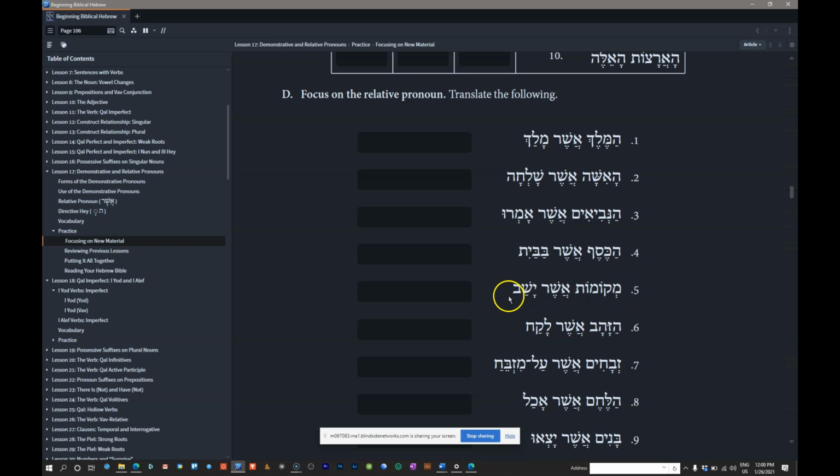So this would literally be the places which he dwelt, but we would probably say this as the places where he dwelt. All right, so that's not a literal translation because we're shifting a pronoun to an adverb. But I think that's a better way to say it in English rather than the places which he dwelt. If you want to say the places which he dwelt, you'd probably have to say the places at which he dwelt or the places in which he dwelt. So either way, you're adding something.